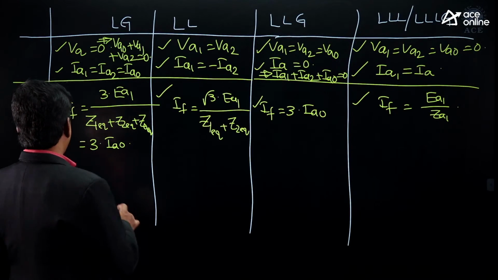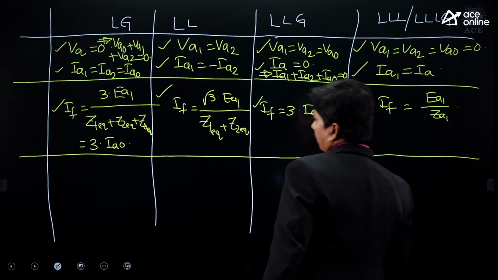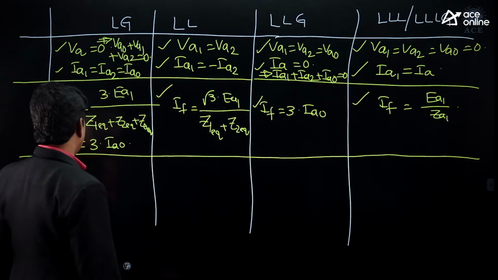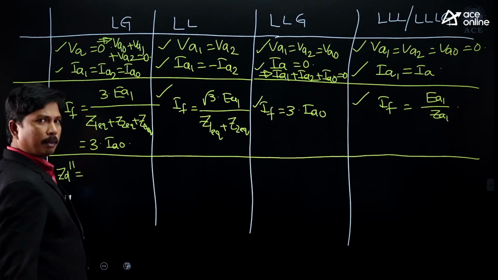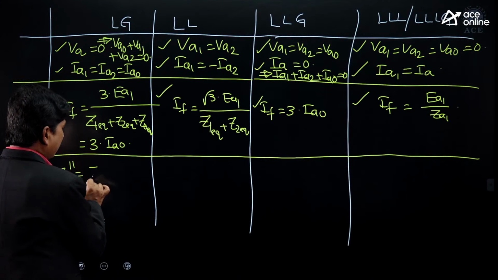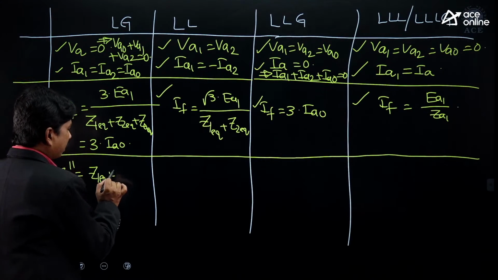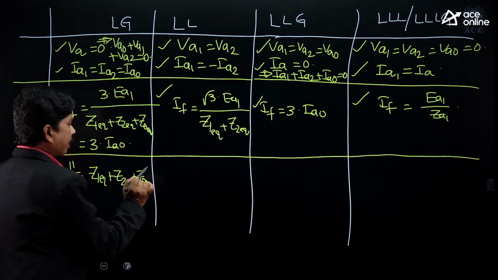Clear? And whenever you are seeing the fault impedances, the subtransient impedance ZD double dash we can write as Z1 equivalent plus Z2 equivalent plus Z0 equivalent.